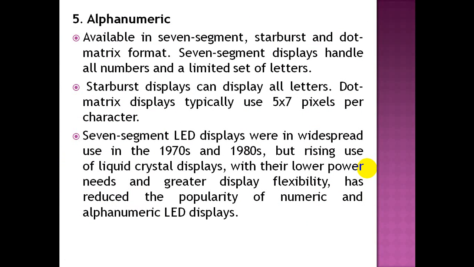Dot matrix displays typically use 5 by 7 pixels per character. 7-segment LED displays were in widespread use in the 1970s and the 1980s, but rising use of liquid crystal displays, with their lower power needs and greater display flexibility, has reduced the popularity of numeric and alphanumeric LED displays.